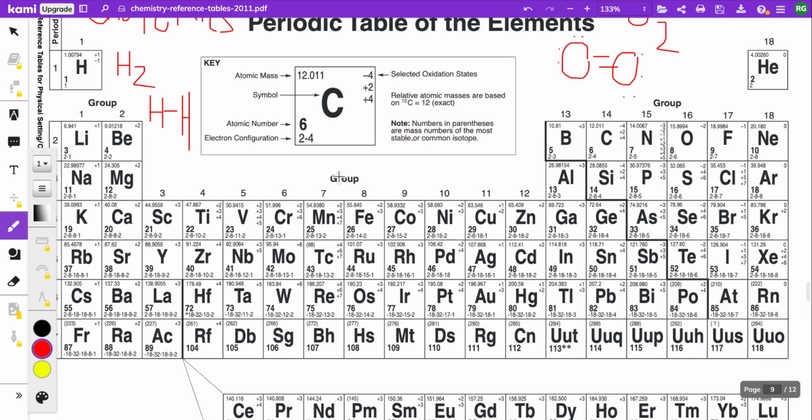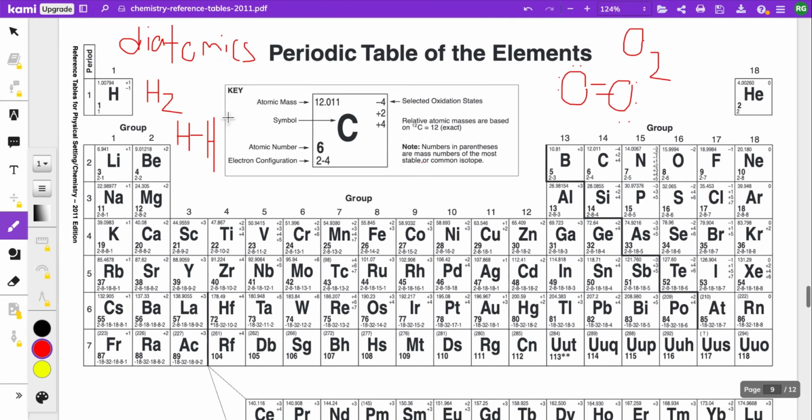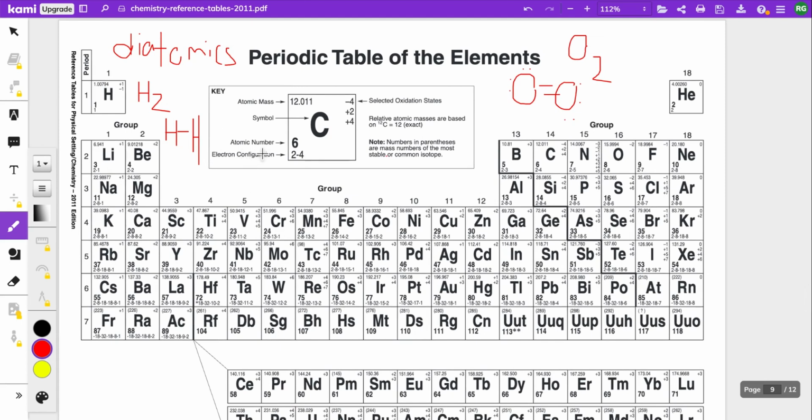Okay. Anyways, so the thing I like to remember is have no fear of ice cold beer. And you can see how the beginning of those words match up with the element symbol.